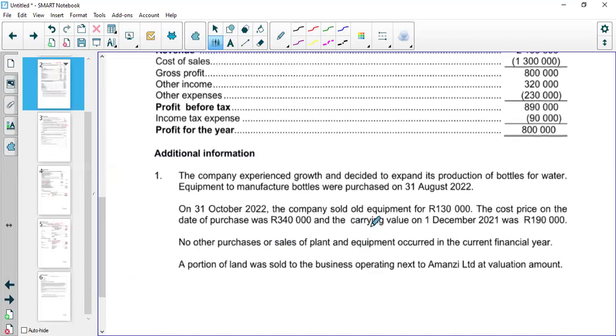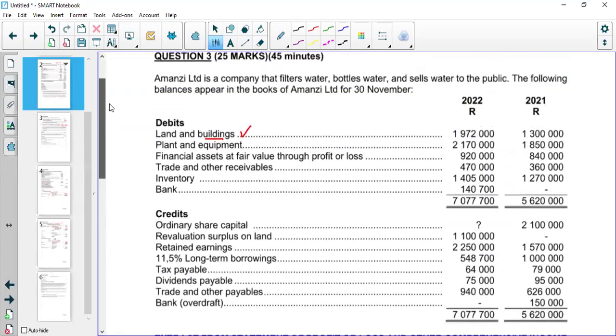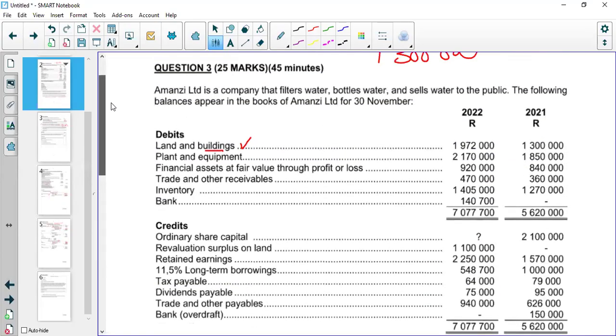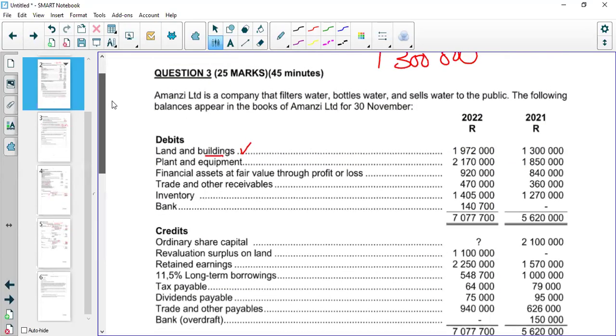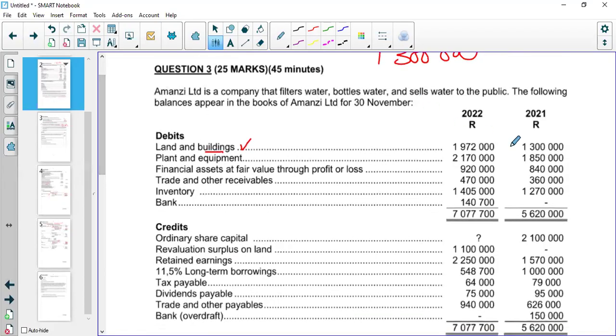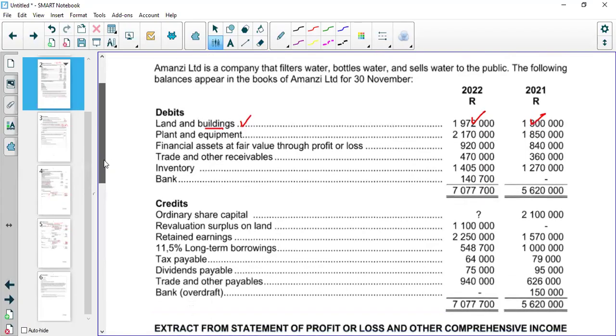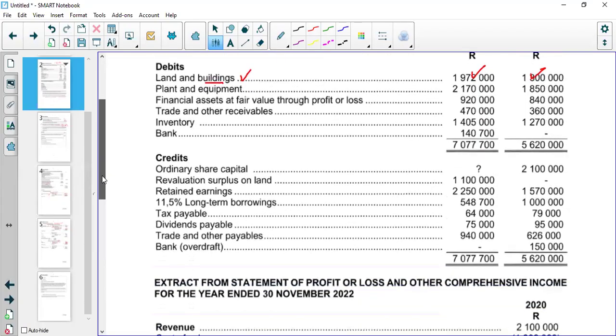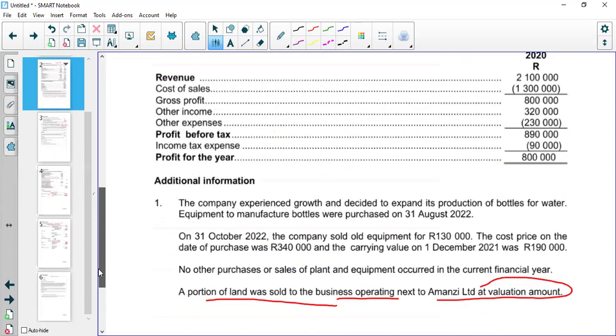So this is the equipment. A portion of land was sold to the business operating next to us at valuation amount. So it was 1.3. We are now at 1972. So let's look for more information.